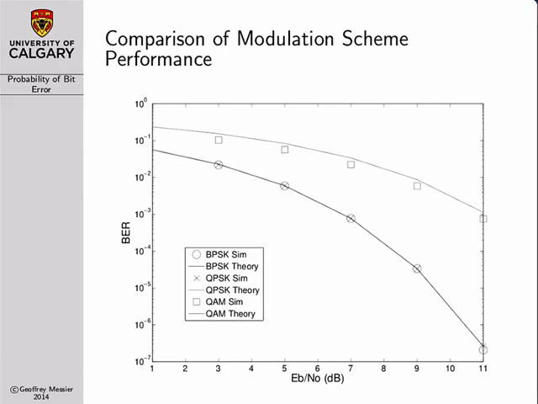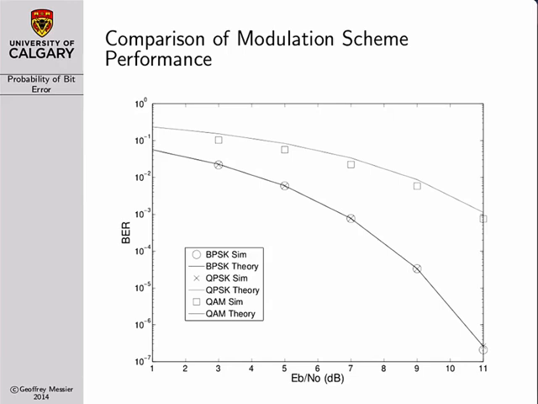Just a few words about the plot itself. The y-axis is shown on a log scale. This is always done when plotting probability of bit error. And the x-axis shows signal-to-noise ratio in dB, so it's effectively a log scale as well.